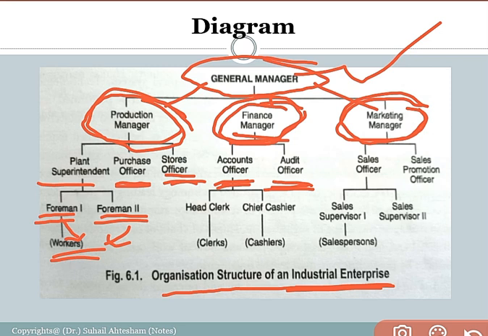Under the accounts officer, there are various persons working as subordinates: head clerk and chief cashier, right? The chief cashier is the supervisor of a cashier, who is responsible for providing salaries and funds internally and departmentally, right? And the head clerk is the supervisor of the various clerks in the organization, right?